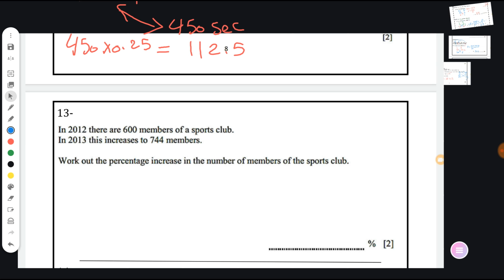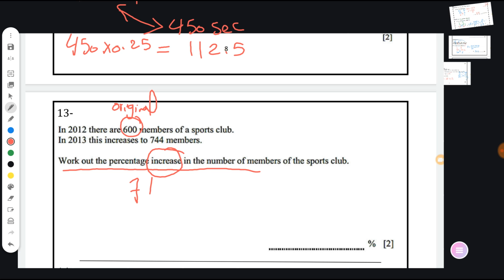The old, before, or original number is always the one before. I will calculate the percentage from this number because we want to work out the percentage increase. To get the increase, we must subtract.